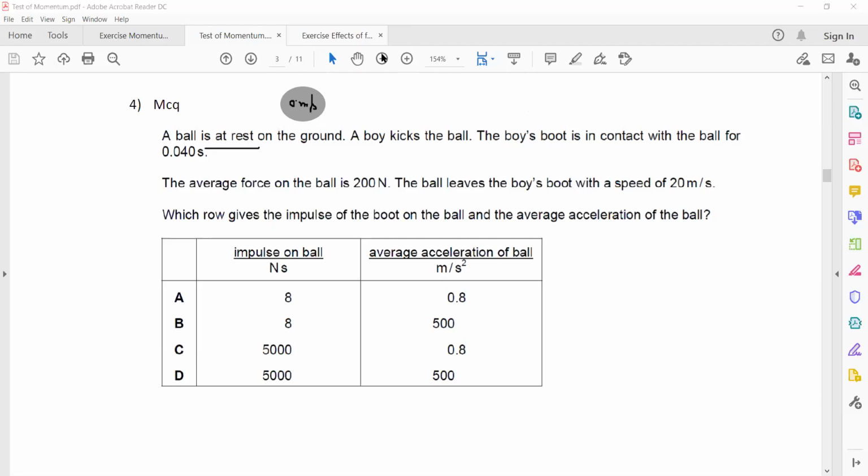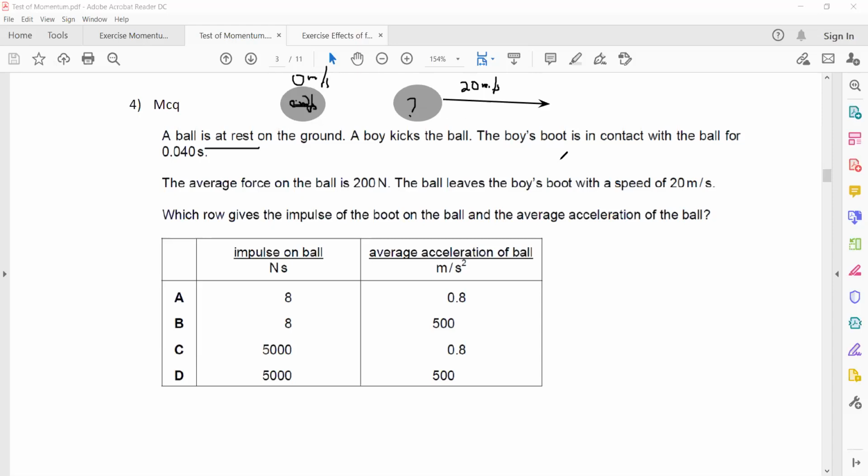And what is the final speed of the ball? The final speed of the ball is 20 meter per second. So we have the speed. Initially it was 0, finally it is 20, but we don't know the mass. What's the mass of the ball? We don't know.